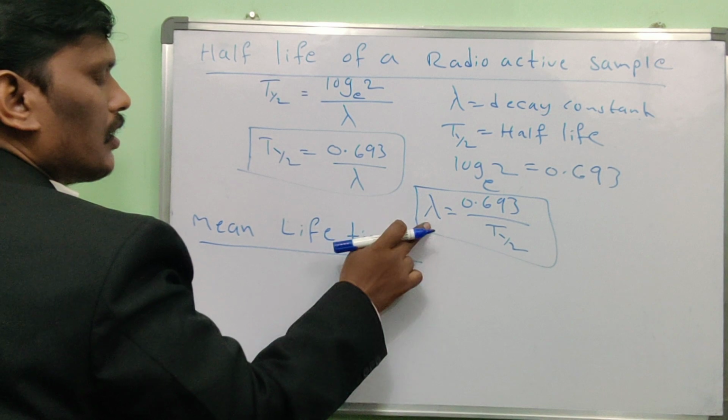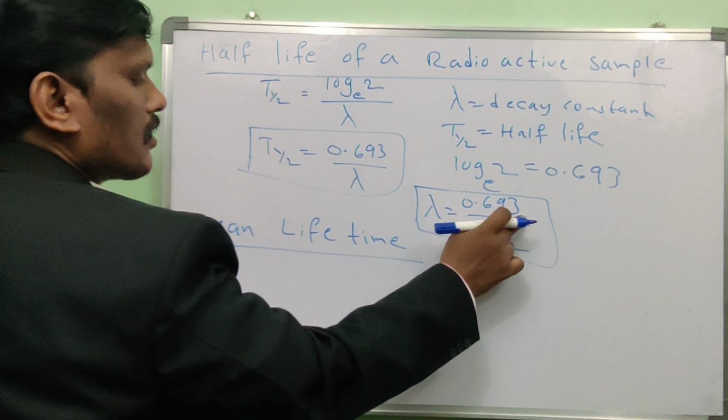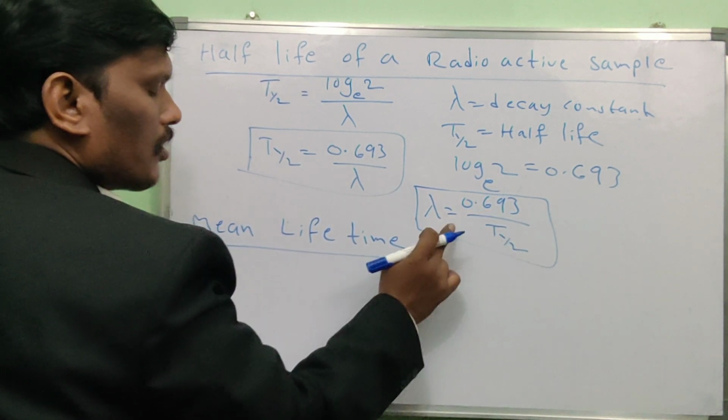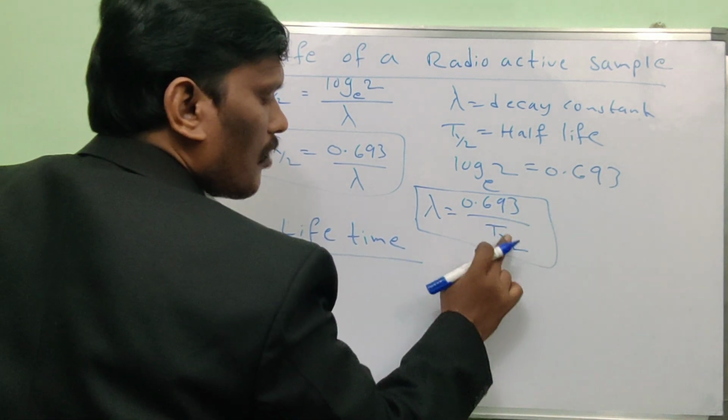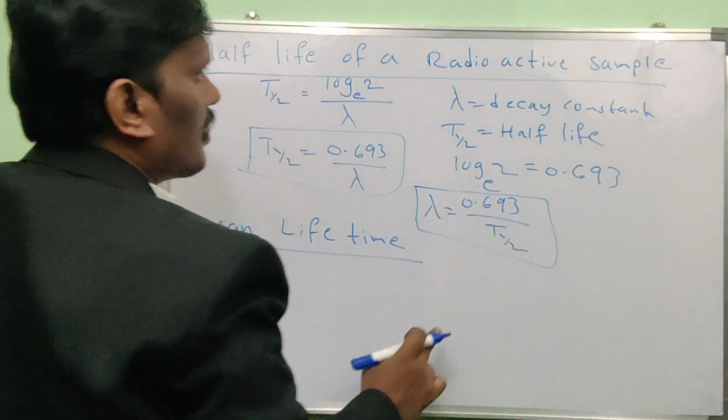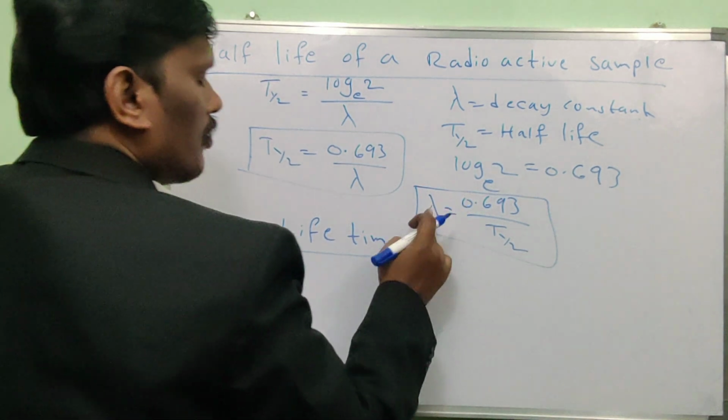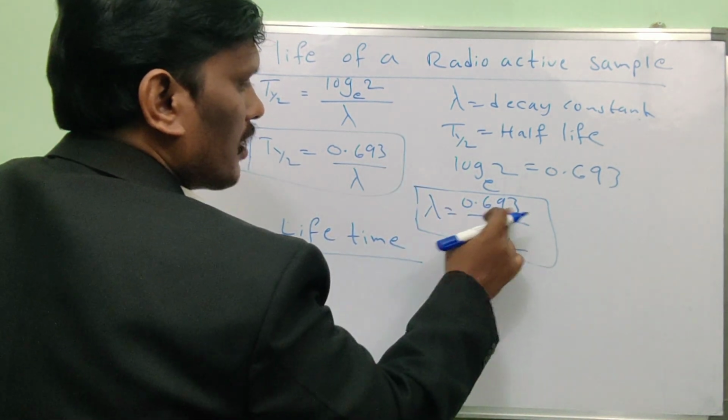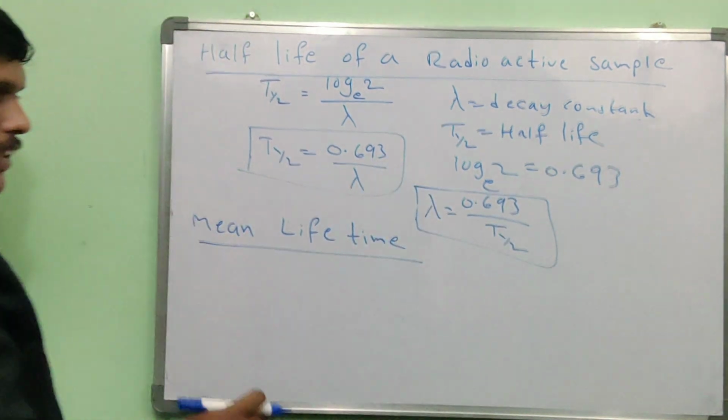These two are equivalent. In place of T half, substitute the half-life value of the given radioactive sample. You are going to get the decay constant.